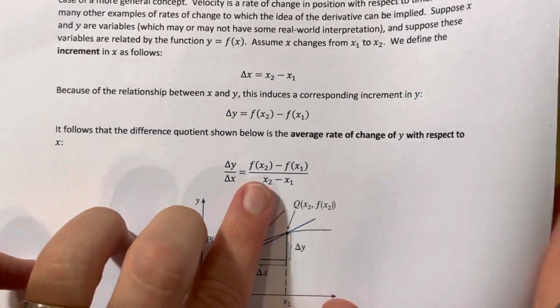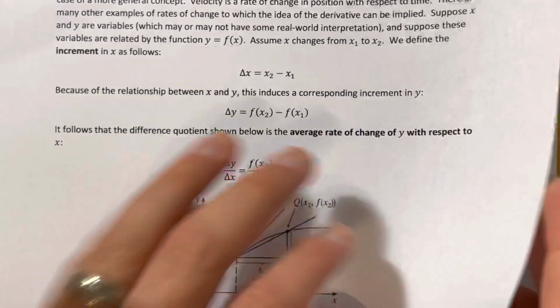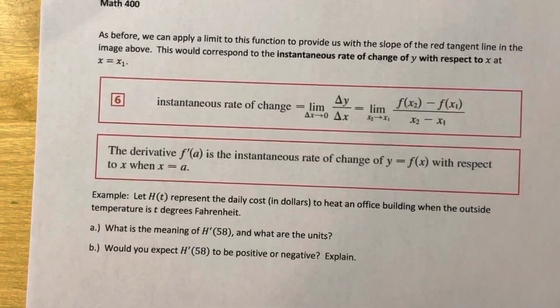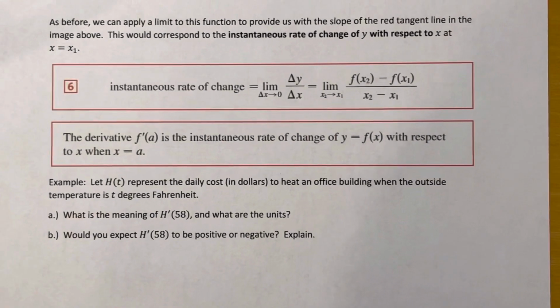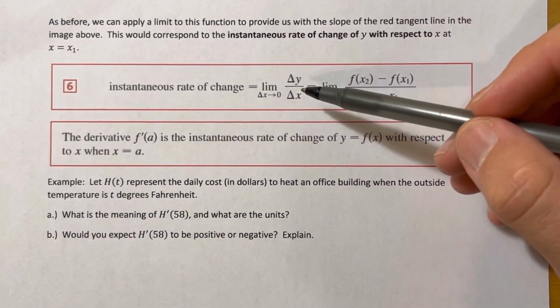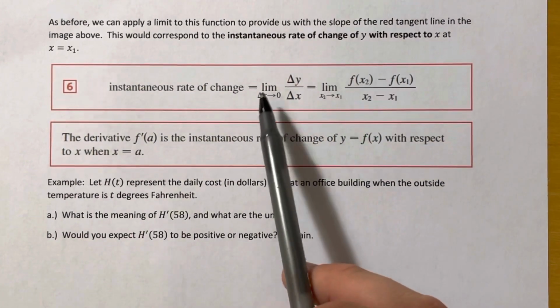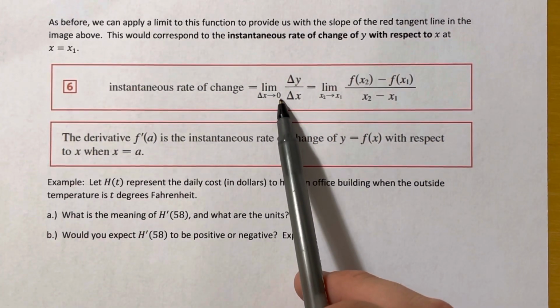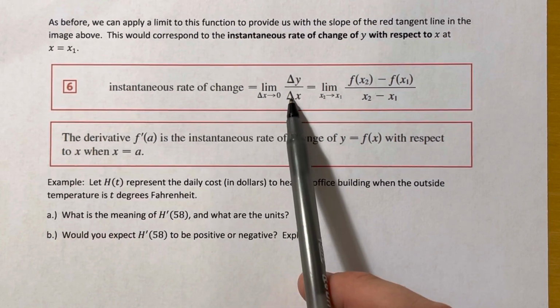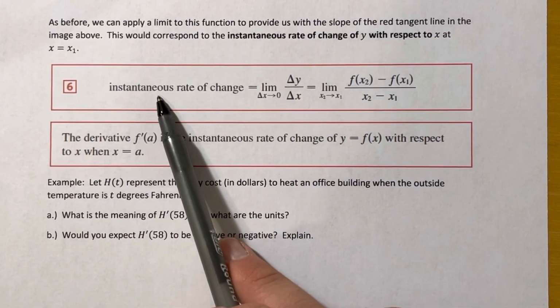So we end up moving from this, which is algebra, into the realm of calculus when we apply a derivative to that. So if we take that quotient, that average rate of change, and apply the limit as delta x goes to 0, which would look like this, then we're taking this from an average rate of change into an instantaneous rate of change.